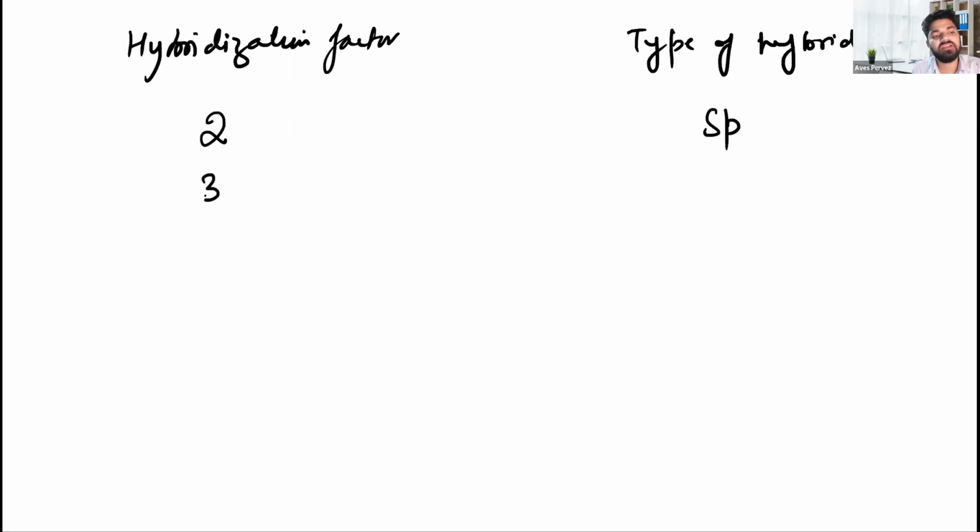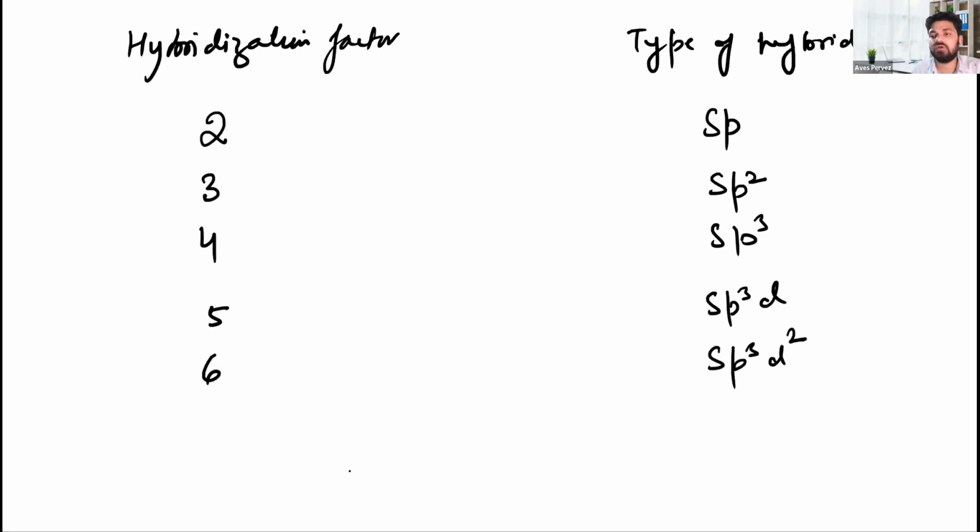If we have 3, then it will be sp2. If we have 4, then we have sp3. If we have 5, then we have sp3d. If we have 6, then we have sp3d2. And if we have 7, then we have sp3d3 hybridization. Got it?